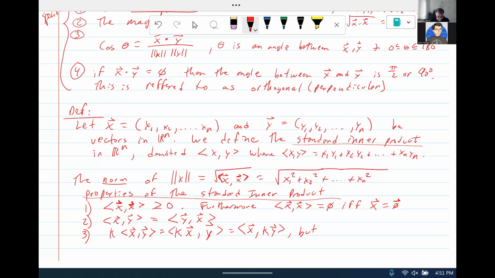But if you want to end up with kx and ky, you would have to multiply k squared times the original inner product.